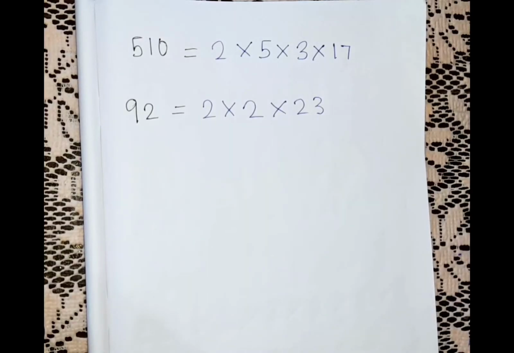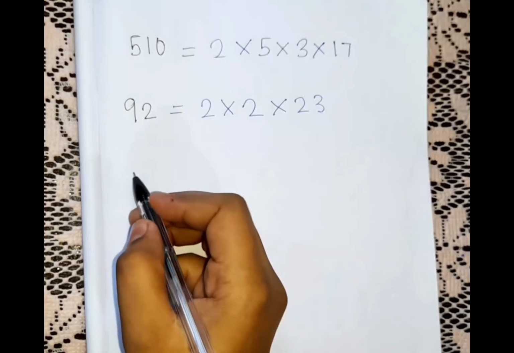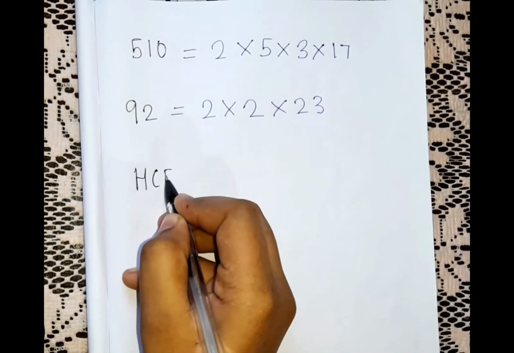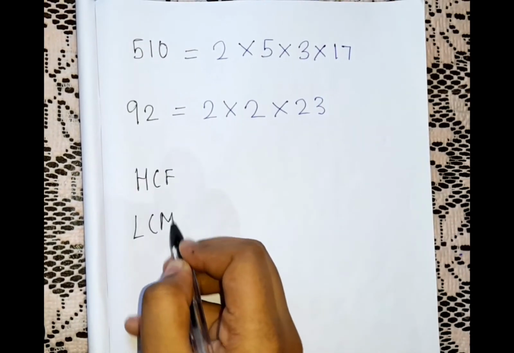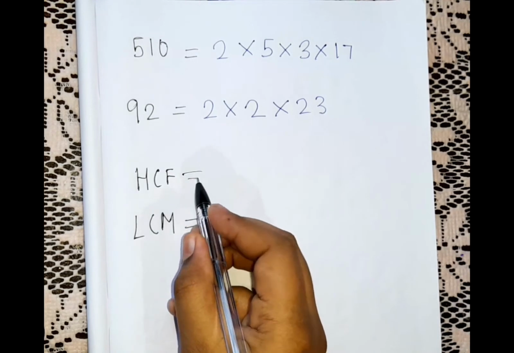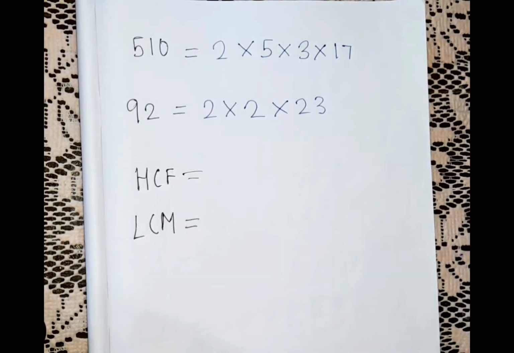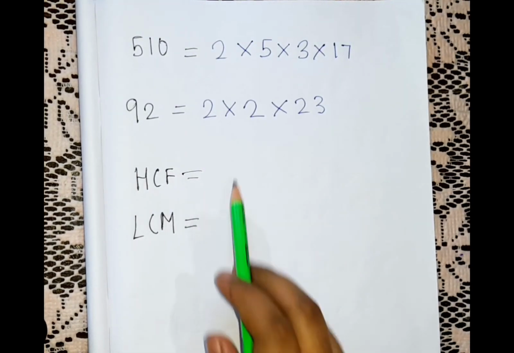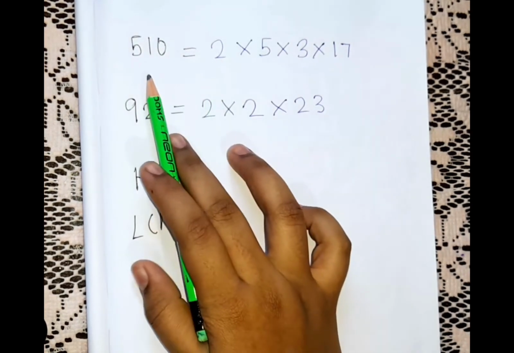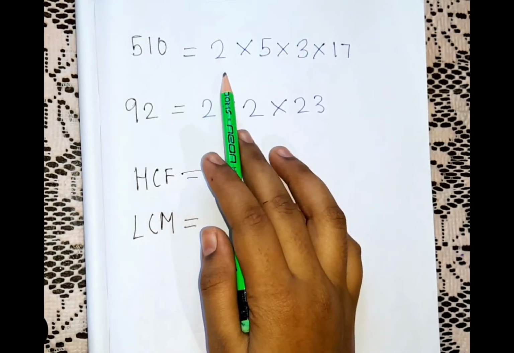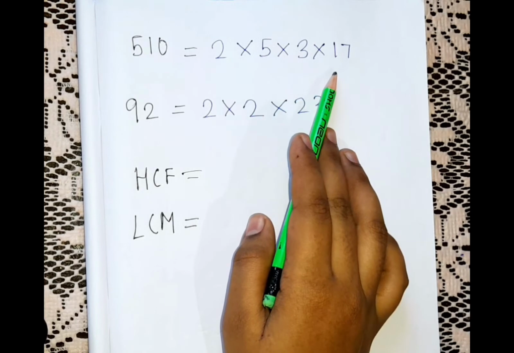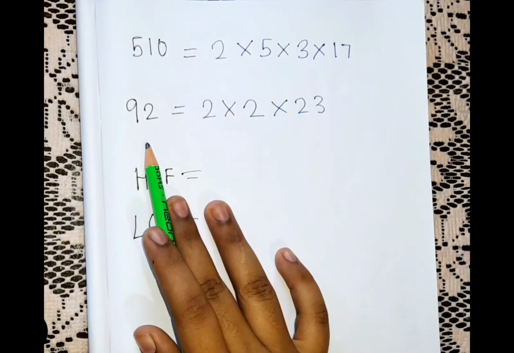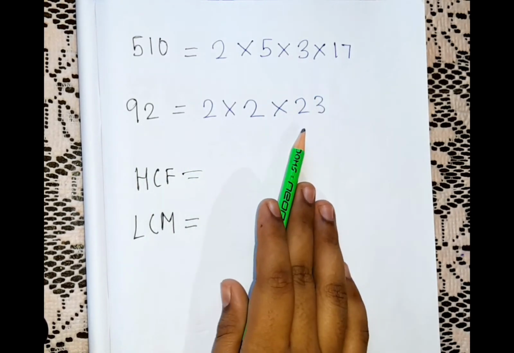Okay guys, now let's find the HCF and the LCM. For finding the HCF, we take the common number. So we have 510 is equal to 2 into 5 into 3 into 17, and for 92 we have 2 into 2 into 23.